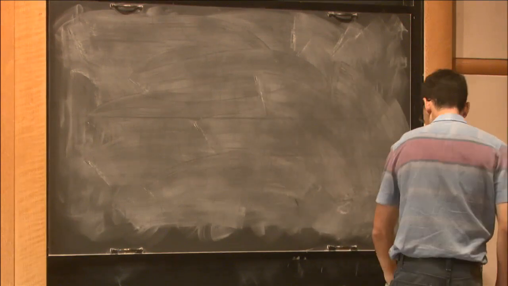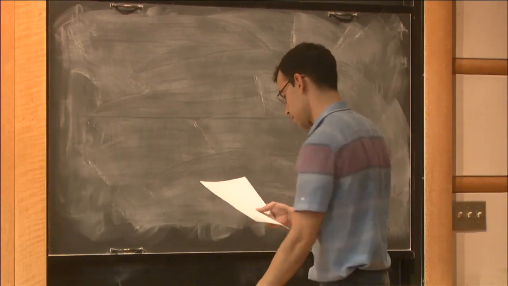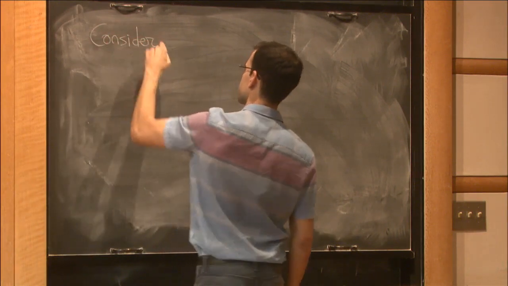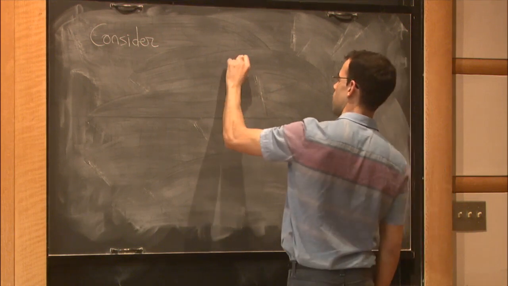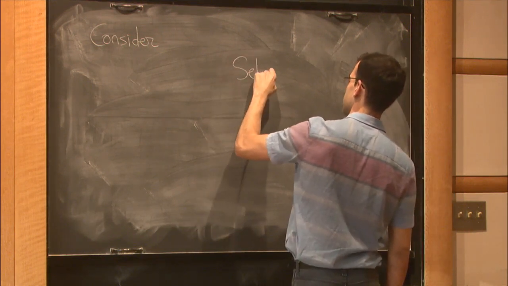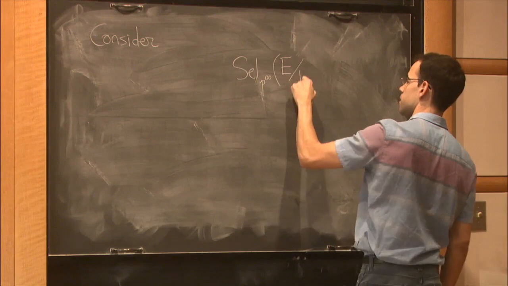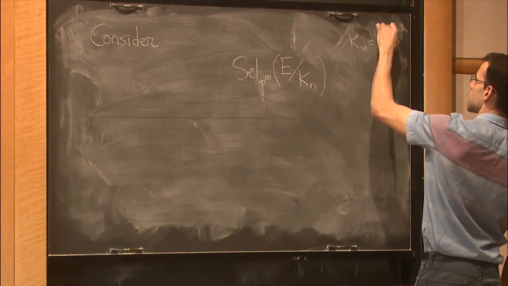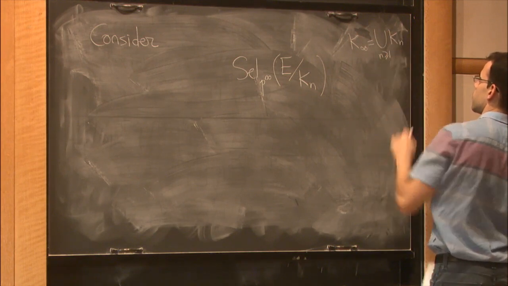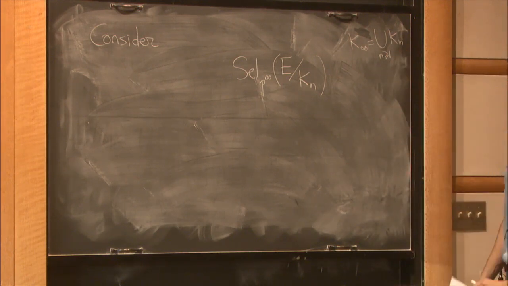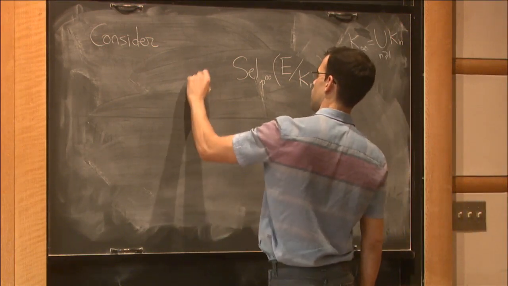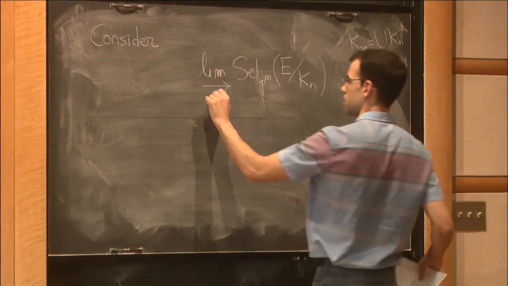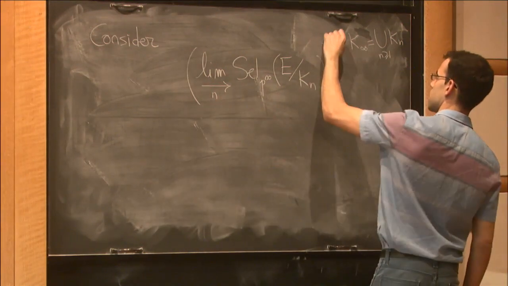So what's the relevant Iwasawa module in this setup? We're going to look at the following. We have the usual p-infinity descent Selmer group. Our K_infinity is the union of the K_n, where K_n has degree p^n over K. We're going to look at the limit under the restriction map and take the Pontryagin dual.